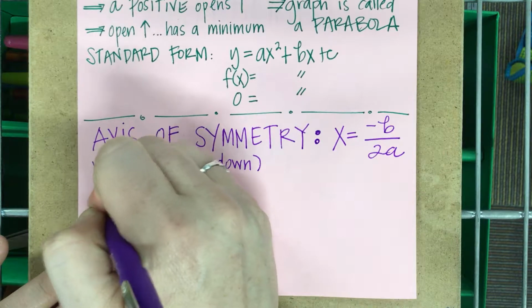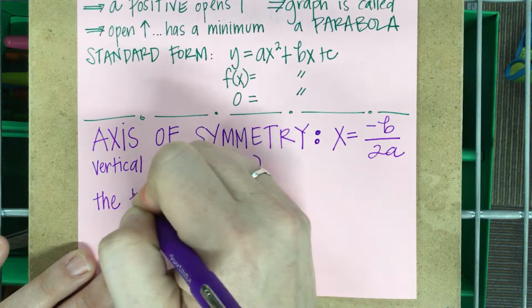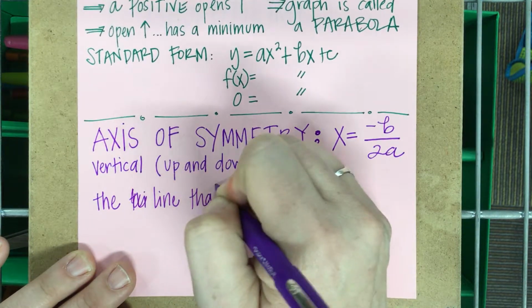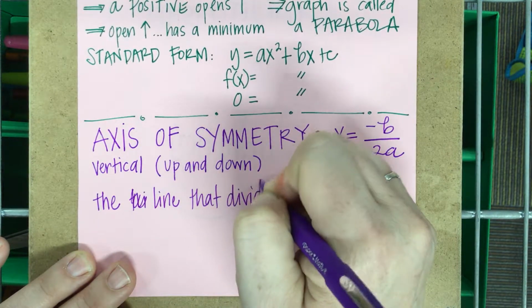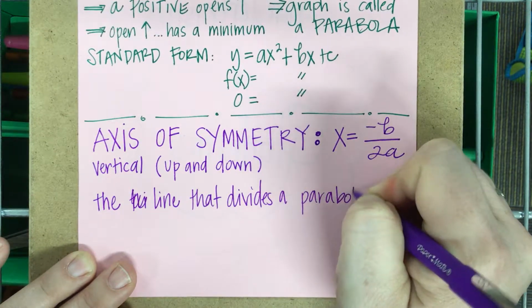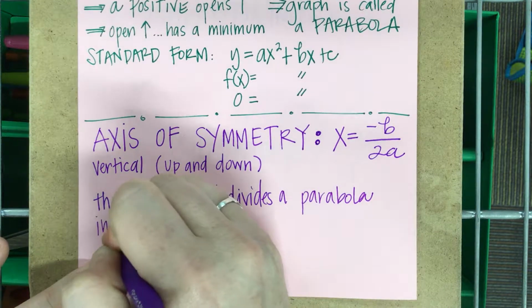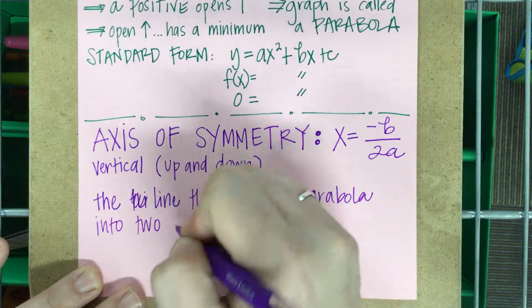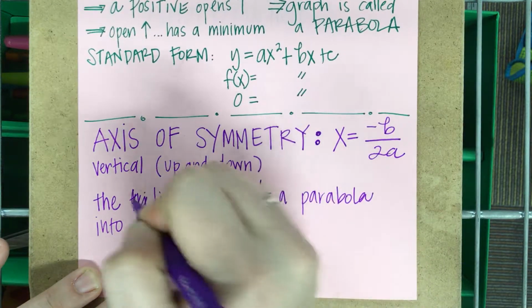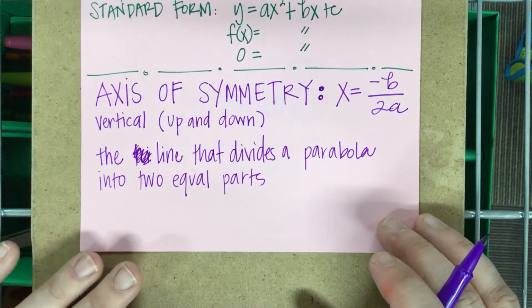The definition is the line that divides a parabola into 2 equal parts.